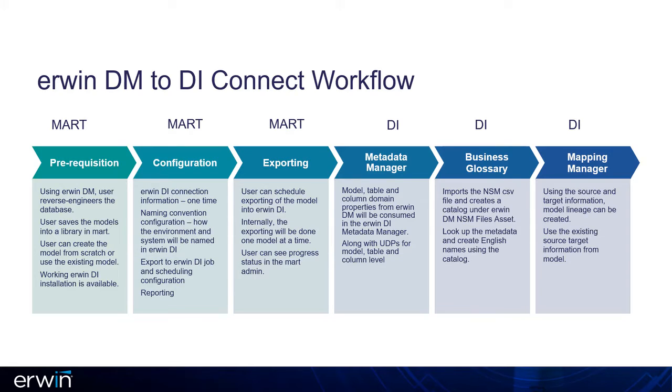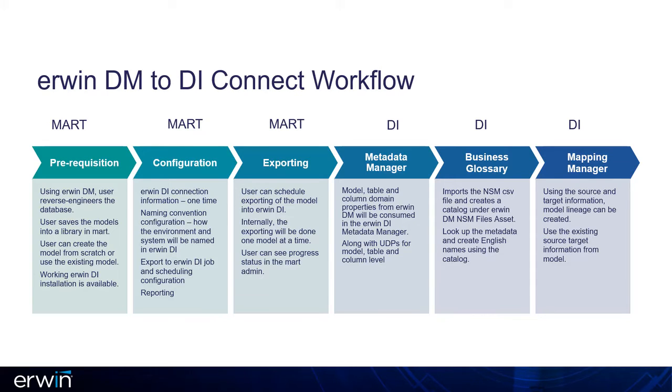The next functions are handled in the Irwin Data Intelligence Suite Metadata Manager. Model, table, and column domain properties from Irwin DM will be consumed in the Irwin DI Metadata Manager along with UDPs for the model, table, and column level.